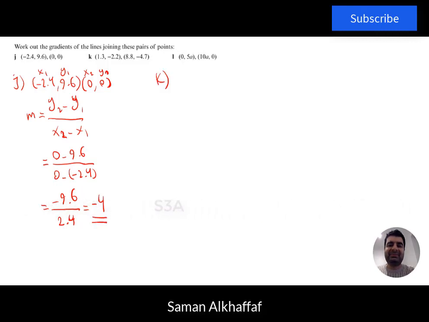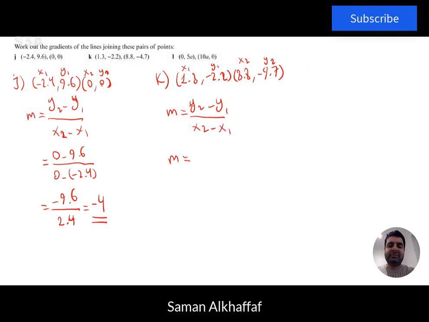In this example, we are looking at the 2 points of 1.3 and minus 2.2, which represents x1, y1, and the second point, which is 8.8 and minus 4.7, which represents x2, y2. So the gradient will be y2 take away y1 over x2 take away x1.